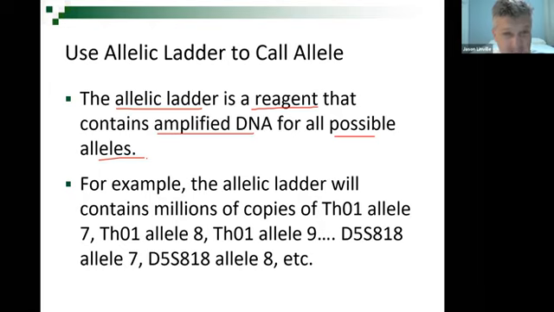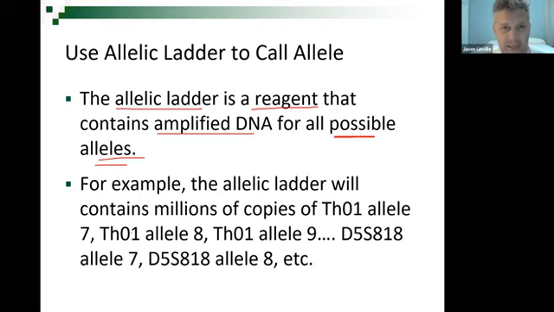Notice this is similar to the size standard. The size standard has amplified DNA where the sizes are known. The allelic ladder has amplified DNA where the alleles are known. So, for example, the allelic ladder will contain millions of copies of THO1 allele 7, THO1 allele 8, THO1 allele 9, 10, 11, 12, 13, whatever the common alleles are, and D5 allele 7, D5 allele 8, 9, 10, 11.